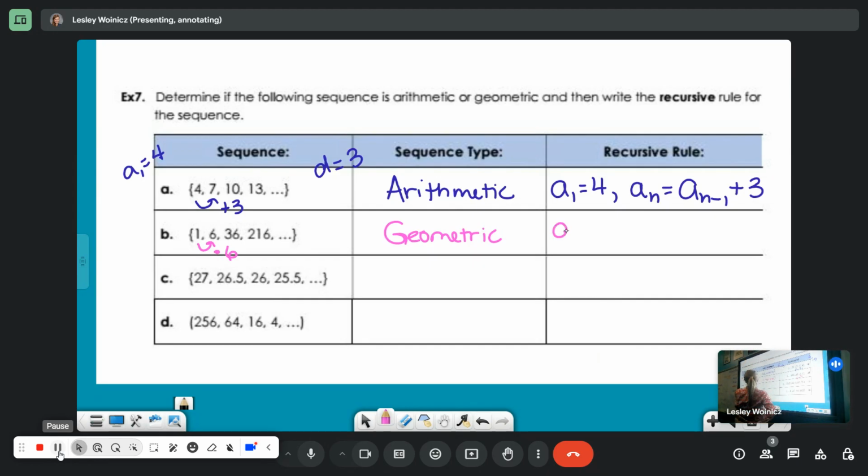So it says G sub 1 equals, what's our first term? 1. G sub n equals, we need the r, 6, times G.